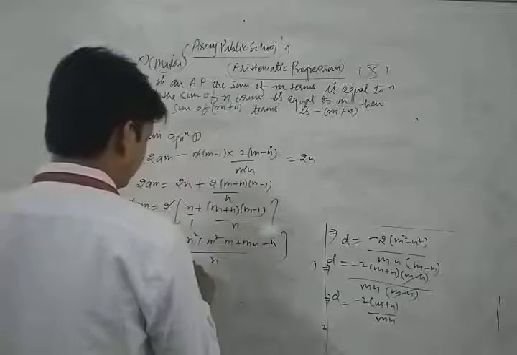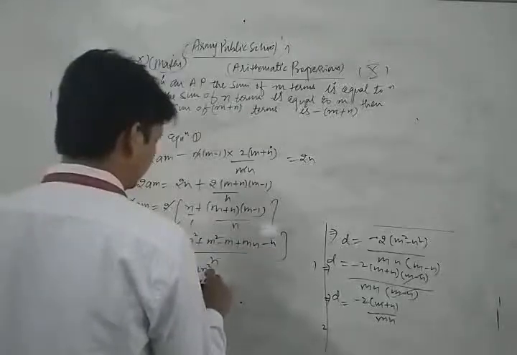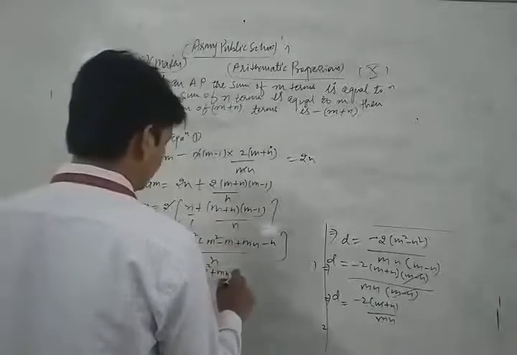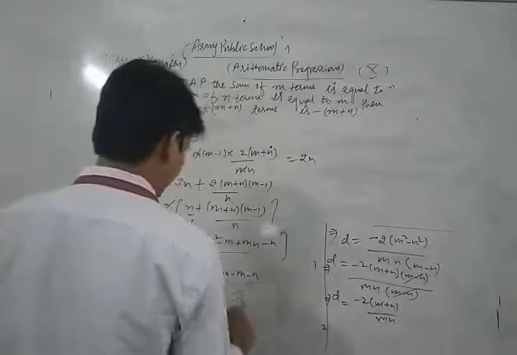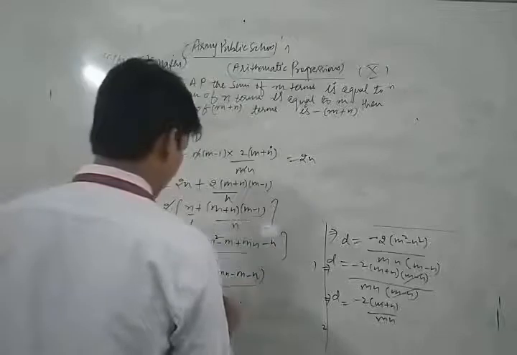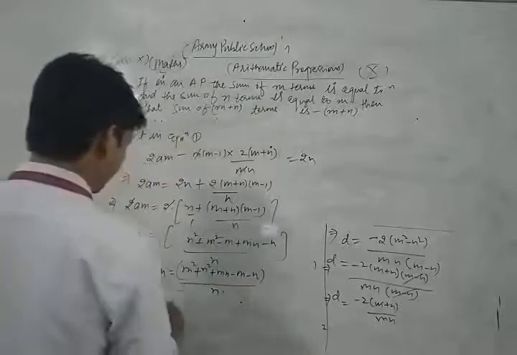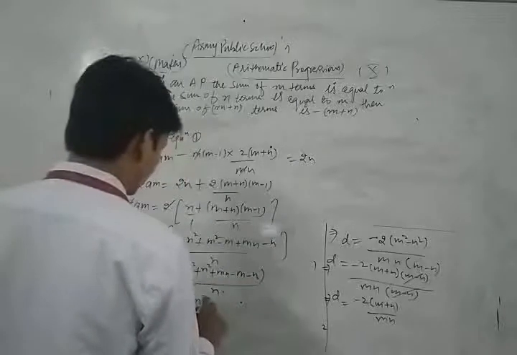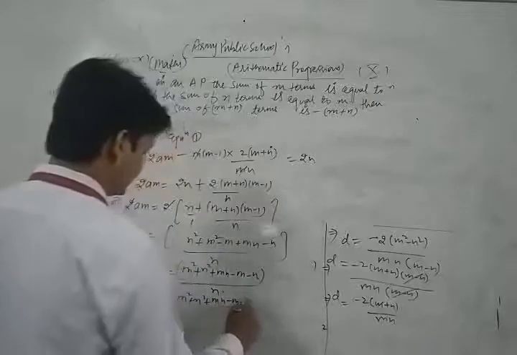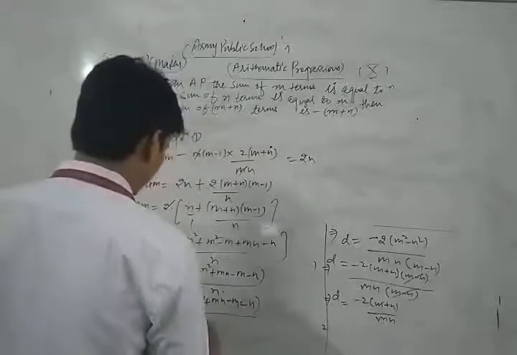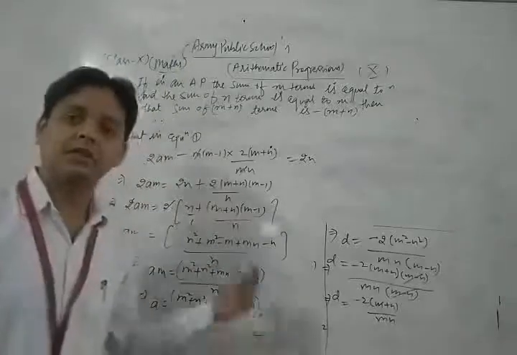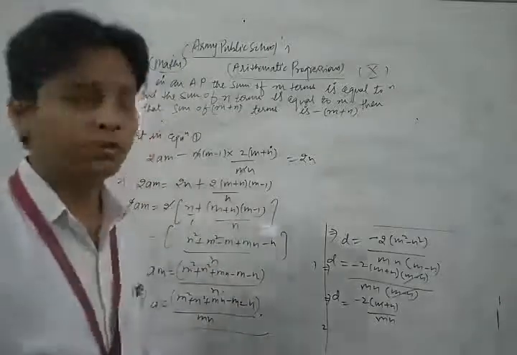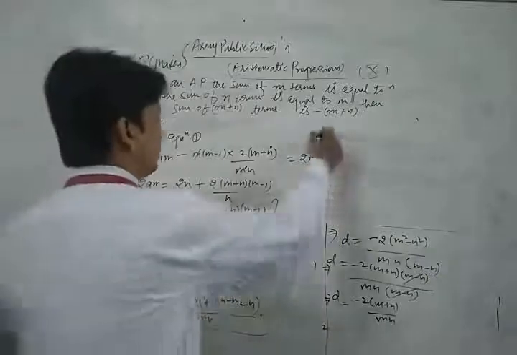Yes, m square plus n square plus mn minus m minus n upon, and now we divide them, so a is equal to (m square plus n square plus mn minus m minus n) upon mn. So in this way, we find the value of a as well as d.